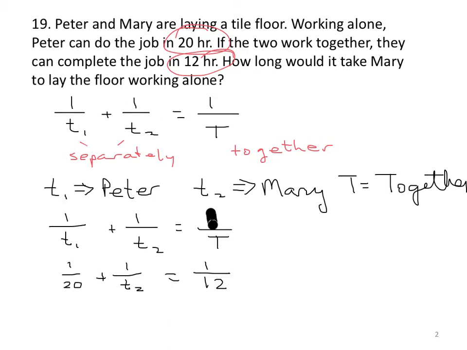All right, if we can find the least common denominator, we can make the fractions go away, and I know you guys are all in favor of that. So the least common denominator: well, we have 12, and we have T2, and we have 20. So 12 equals, remember, break it down to primes.